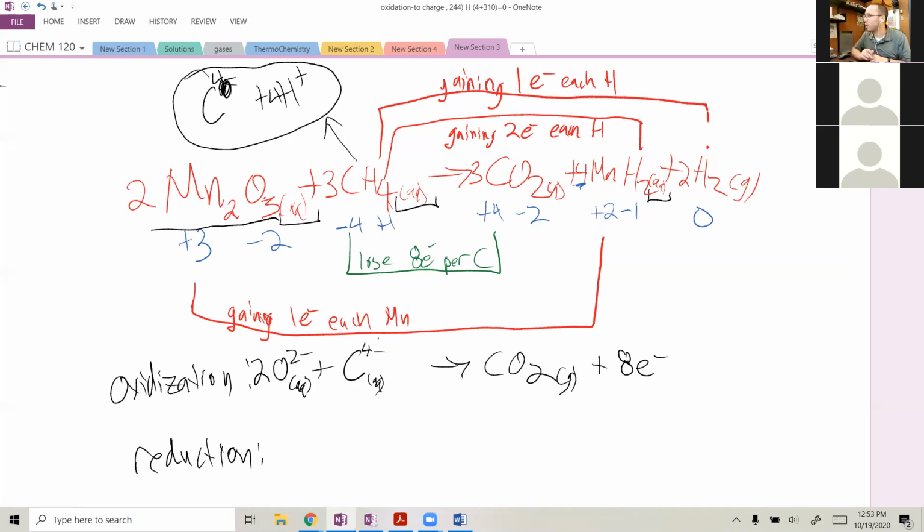But that's kind of where we are for today, right? So when we're doing our reduction, we know that our manganese is reducing. And so what should that charge of that Mn be as a reactant? +3.